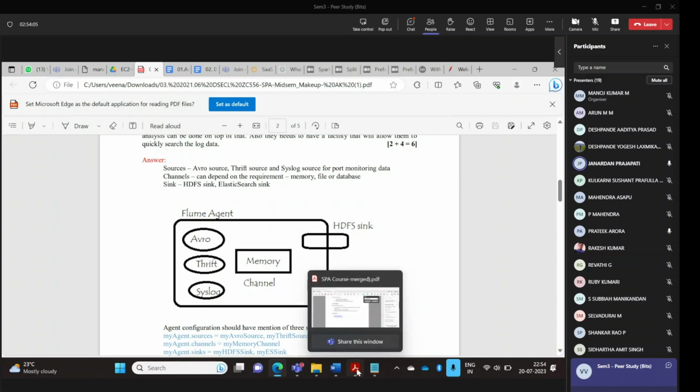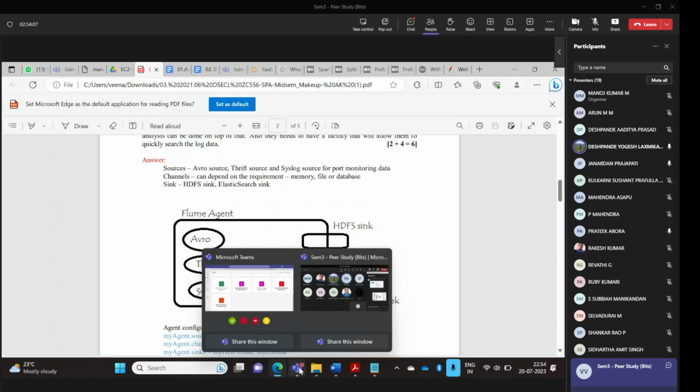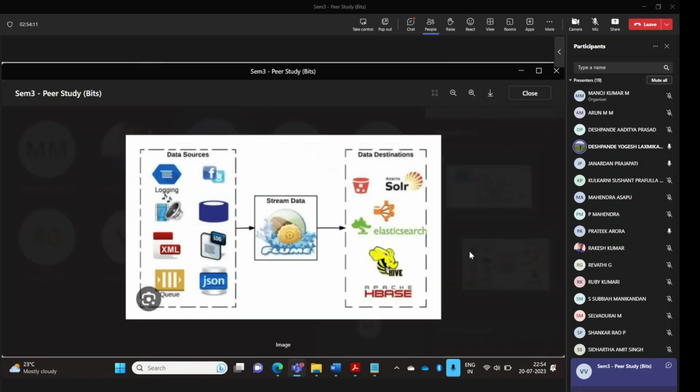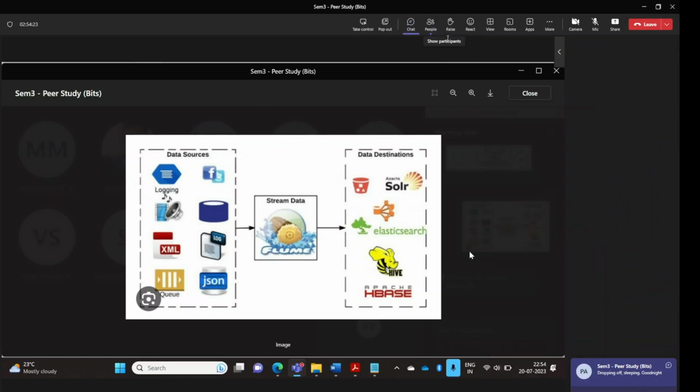Draw some diagram of data sources, the stream data. Yeah, this is Flume. Destination can be anything; here we have HDFS. It's generic, they have given generic.